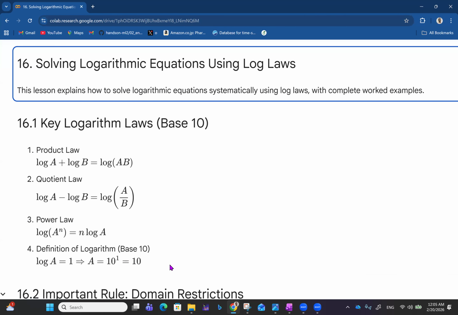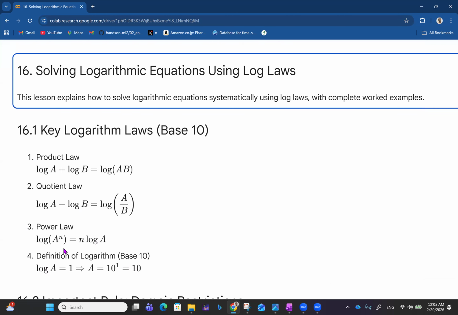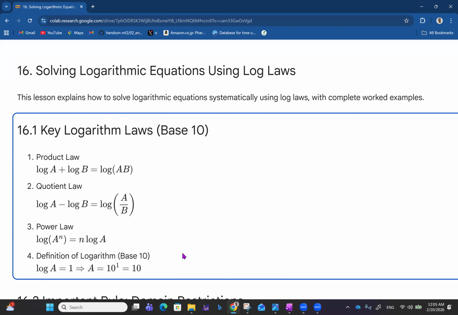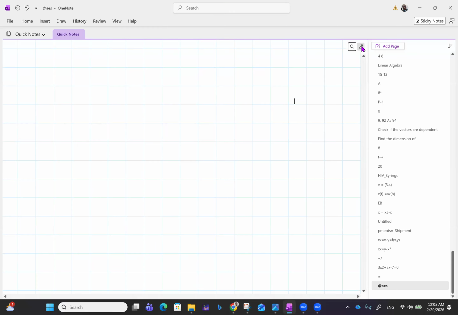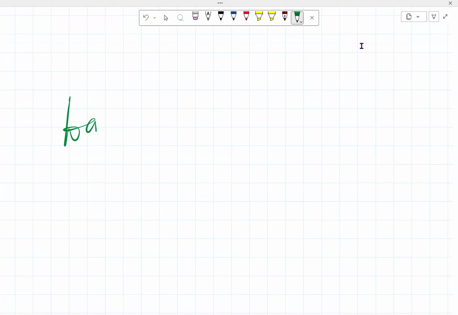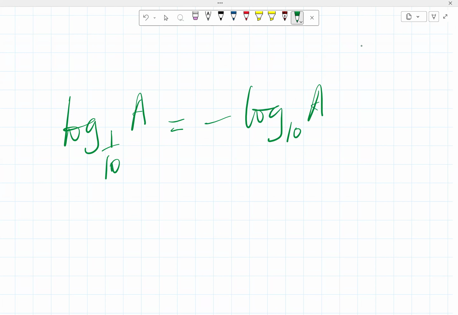With all of that, of course, there are other rules, like when the base is a fraction, maybe the base is 1 over 10. Let me just add that as a reminder. If you have log A to base 1 over 10, that's the same thing as minus log A to base 10, basically.